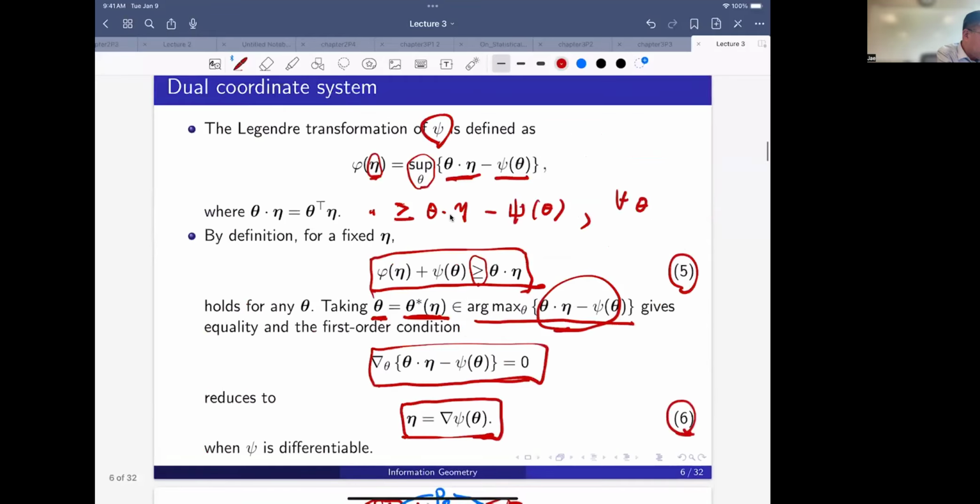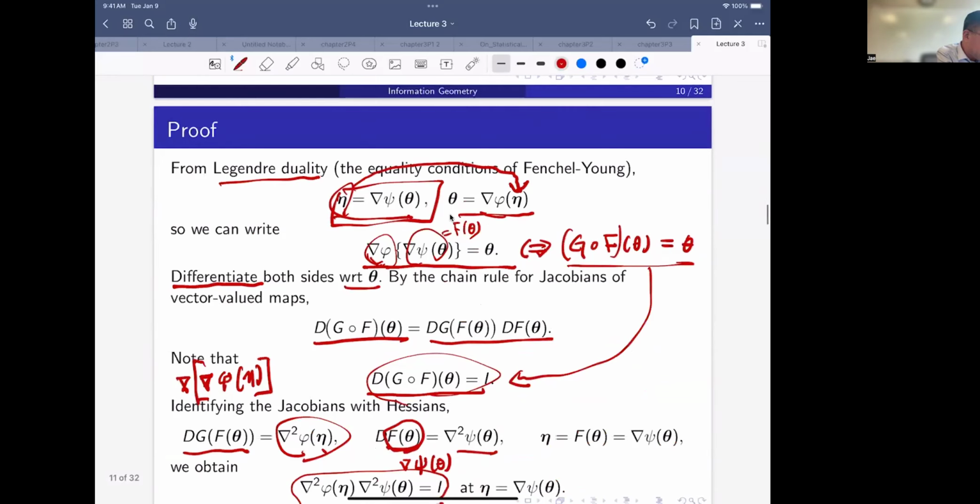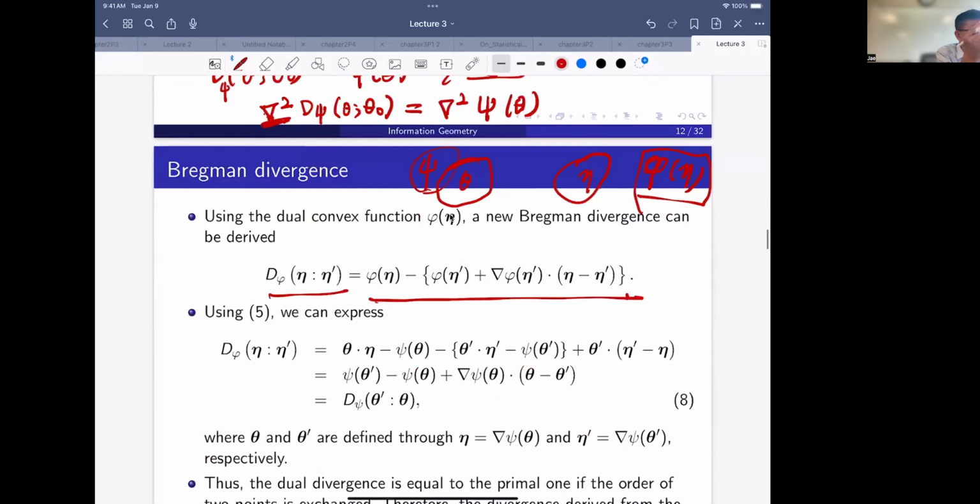And now in the eta coordinate system, phi is the generator. But phi should be the convex conjugate function. And so now let's try to understand the relationship between the two.